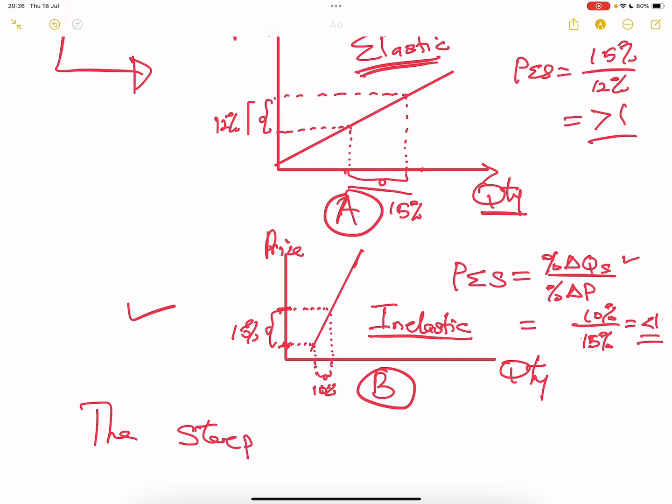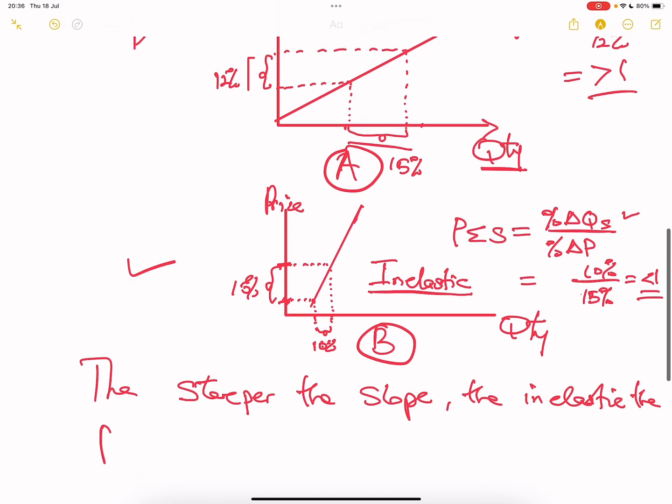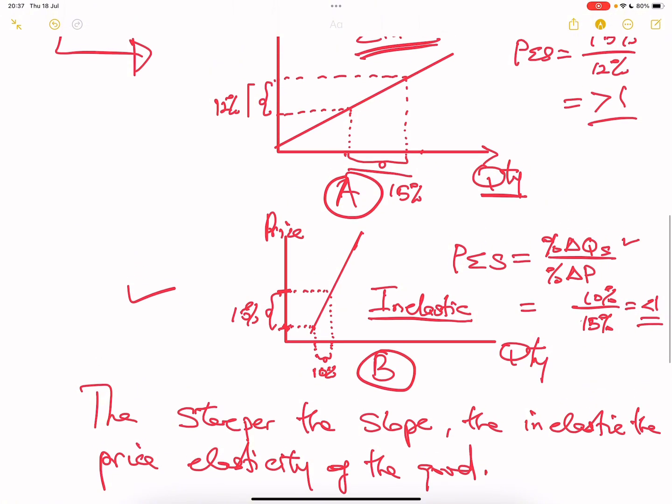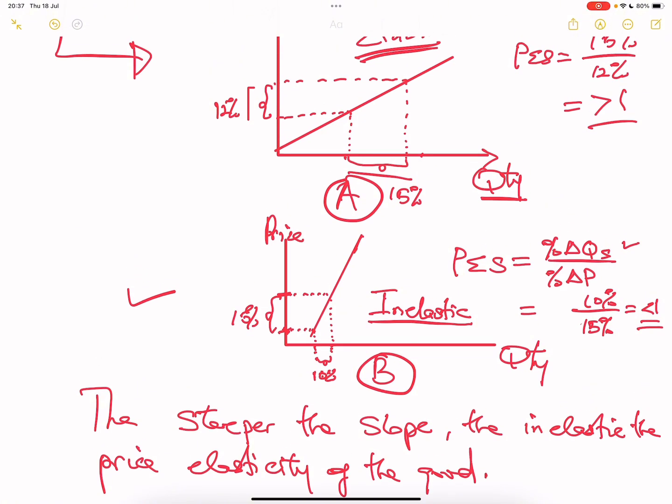So the steeper the slope, the more inelastic the price elasticity of the good. So you don't even need to memorize it, you can understand it from the way I've explained it.